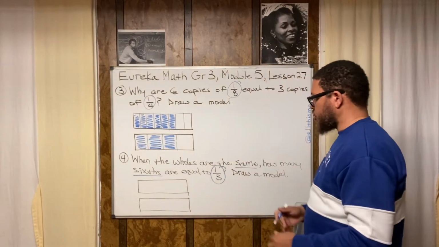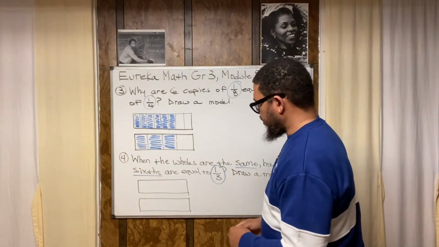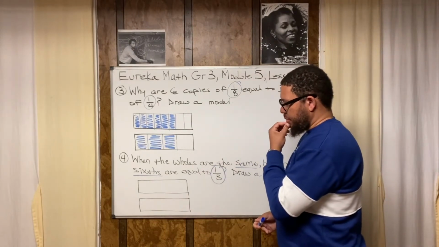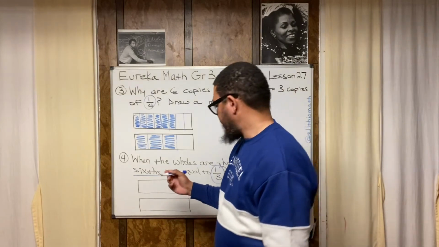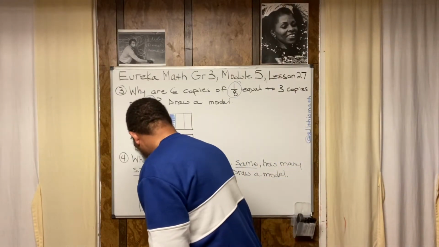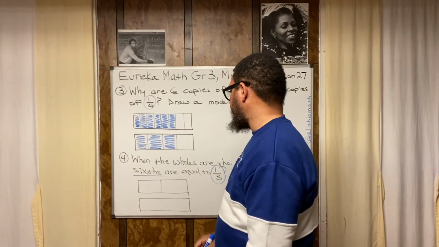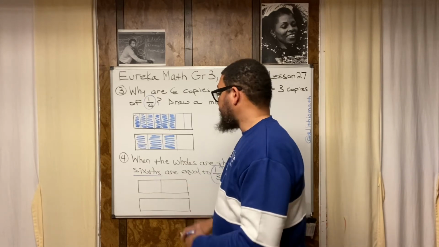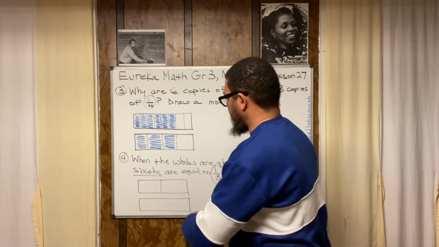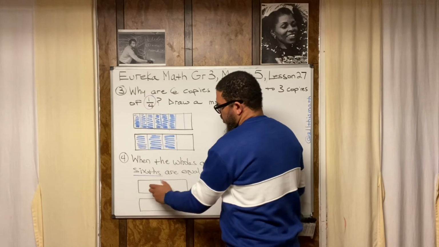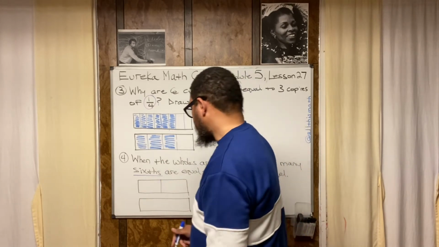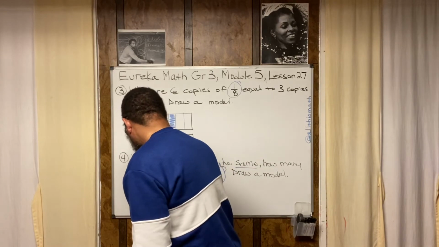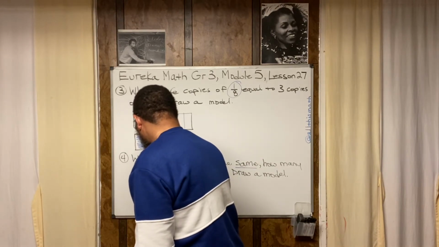All right, so first we're going to draw a 6. Now, because 6 is an even number, we're going to first cut this fraction bar in half. All right, so I'm going to do this. Boom. I cut it in half, so now I got halves. But I need 6 altogether. So I'm going to need 3 on this side and 3 on this side. So I'm kind of going to try to eyeball it.